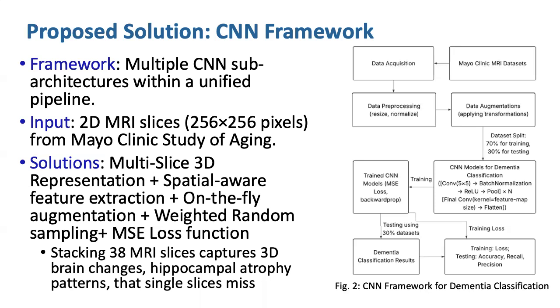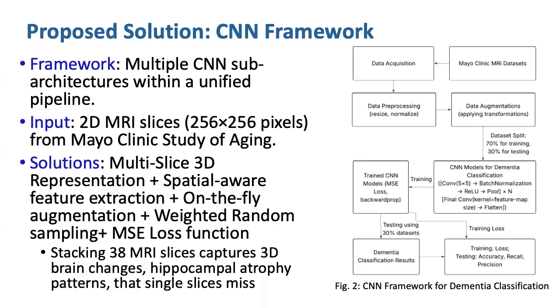In our solution, the major thing is that we are stacking many slices together, 38 MRI slices, to capture the 3D brain changes that a single slice may not capture. Every image is 256 by 256 pixels.